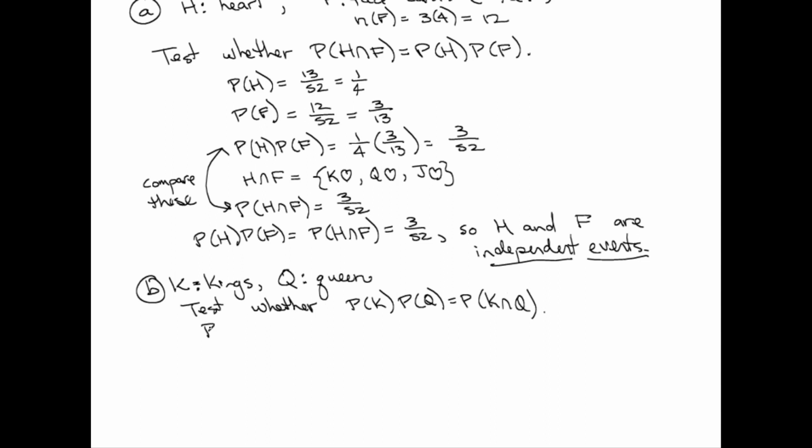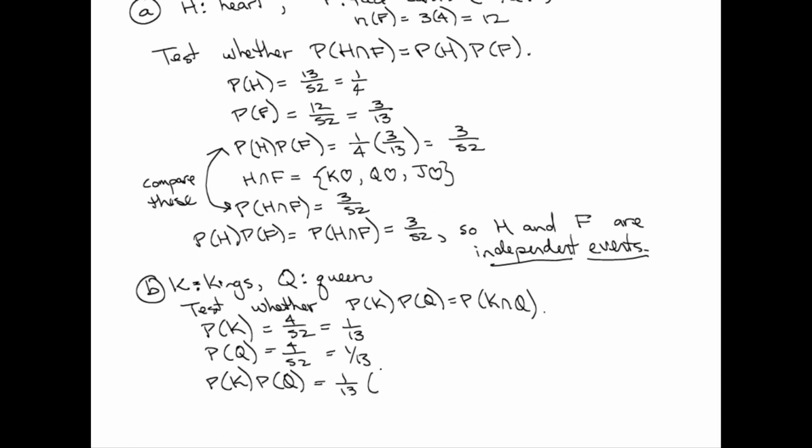Well, what's P of getting a king? There's 4 kings out of 52 cards, so 1 over 13. Queens, same thing. We can go ahead and multiply them together. That'll be 1 over 13 times 1 over 13, which is 1 over 169.